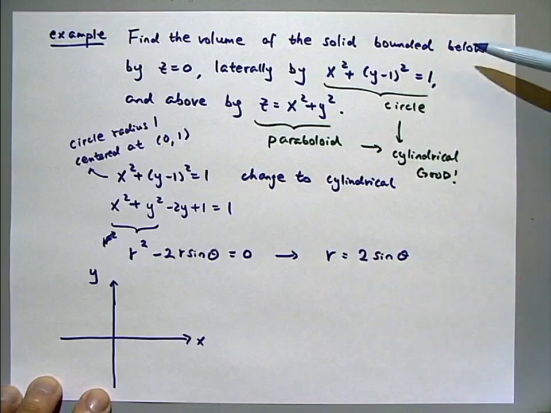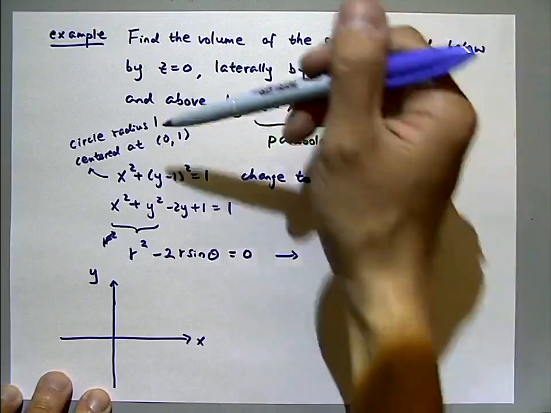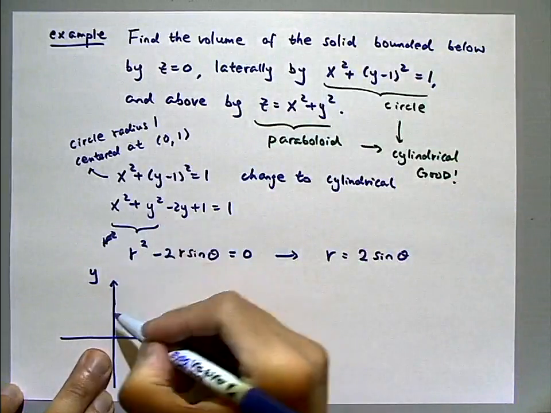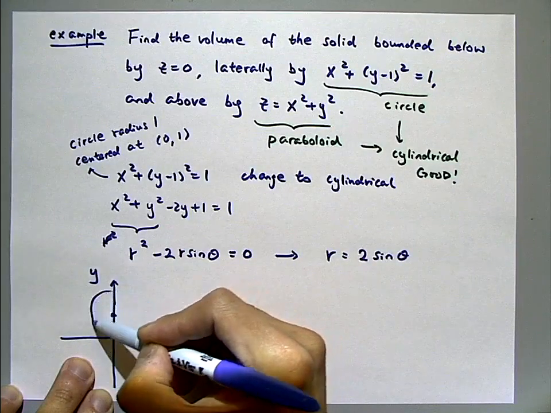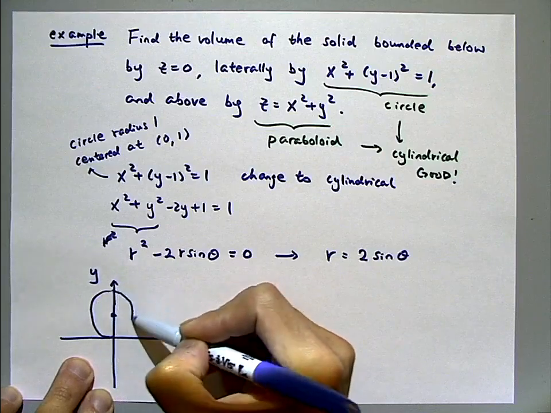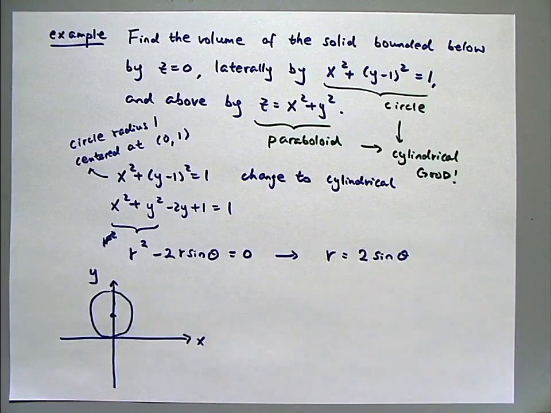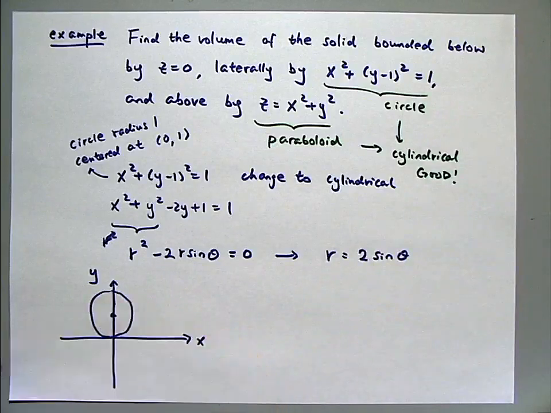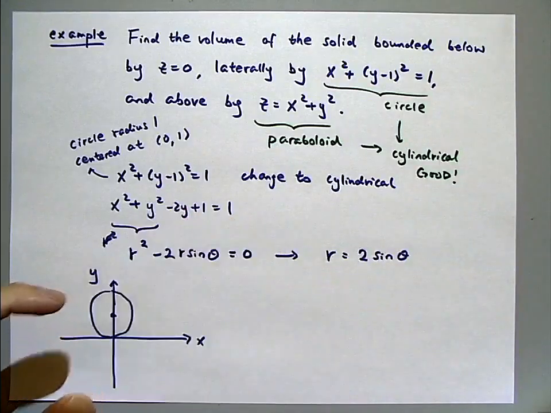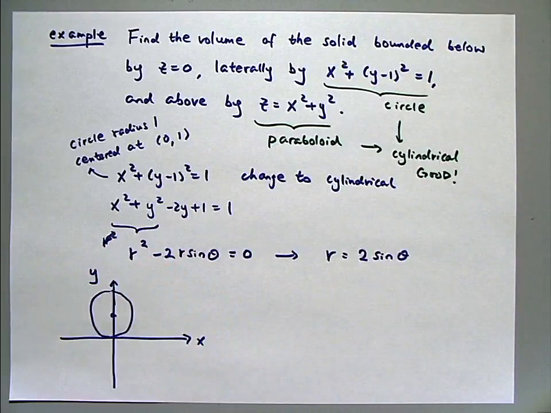Okay, so what do we got? We got this thing right here, a circle centered at (0, 1), radius 1. And this is a cylinder coming out of the page. Imagine a circular cylinder coming straight out of the page.